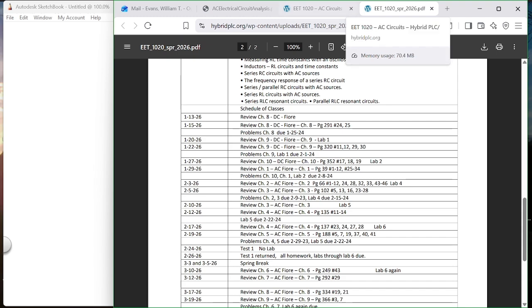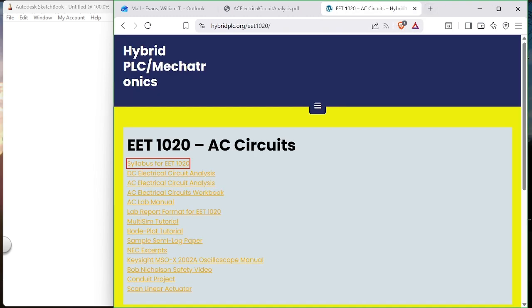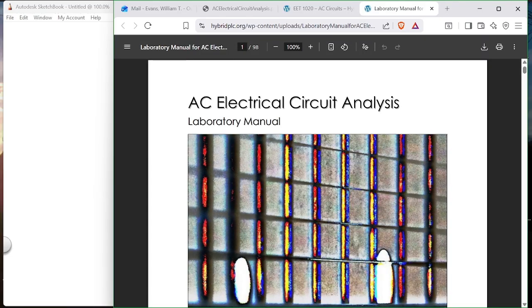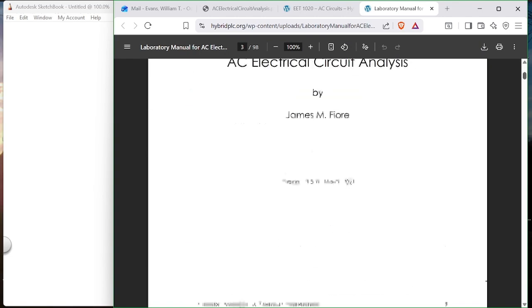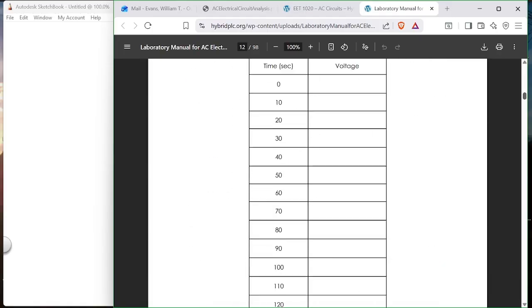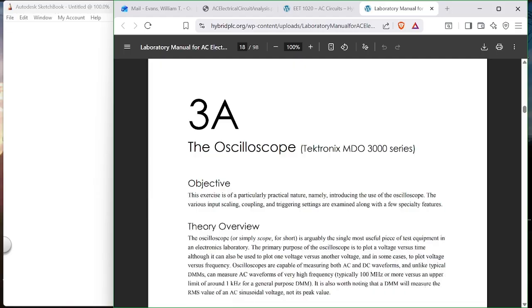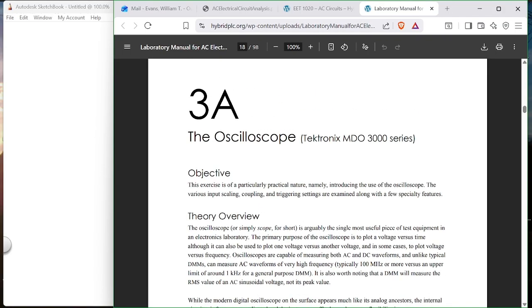It's a lab on the oscilloscope itself. At one time I actually had people go through and do this lab. This is the oscilloscope, and like I told you, this is not the one that we use.